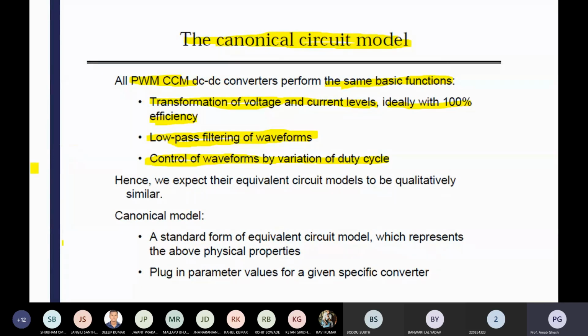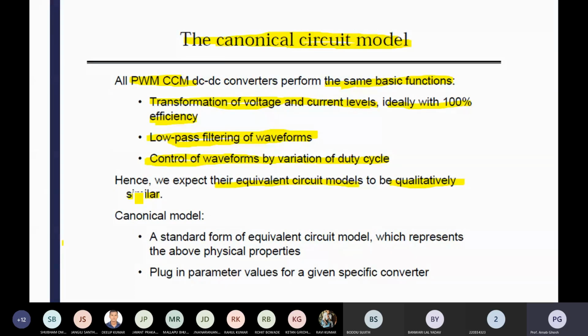Hence we expect the equivalent circuit model to be qualitatively similar. In most cases you can see there are not such big changes in the transformerized model. It starts with DC transformations, the DC transformerized model. Then you can carry on as per your requirements. The rest of the things you are going to change.